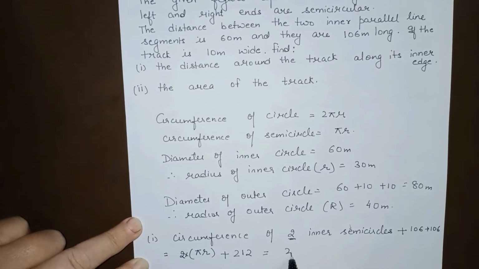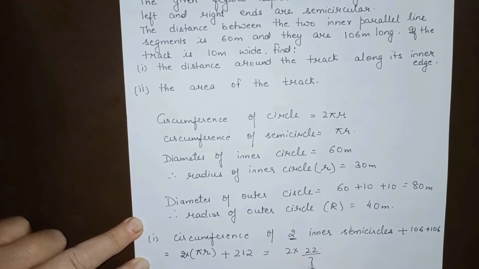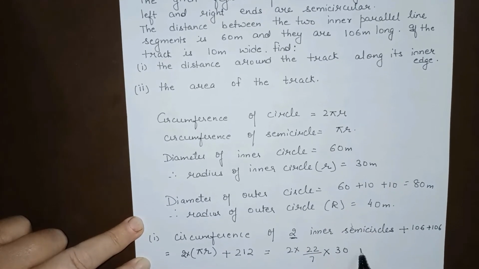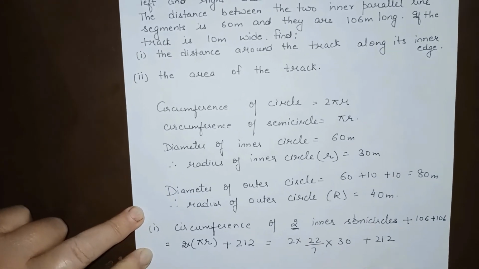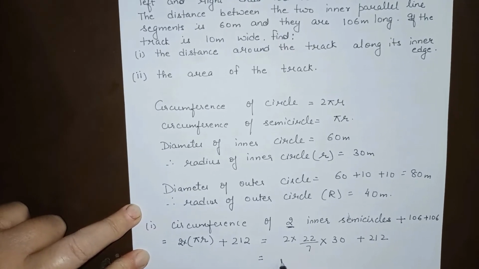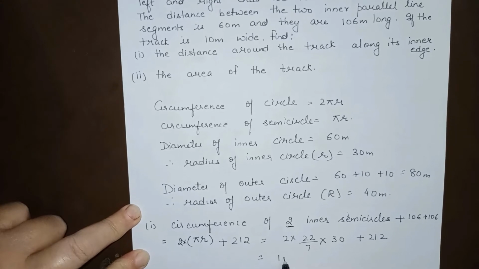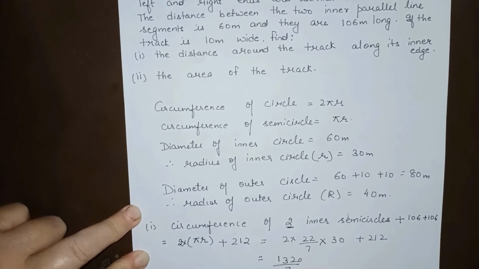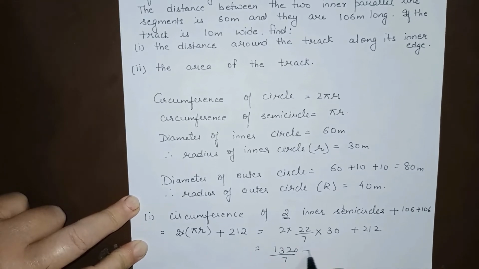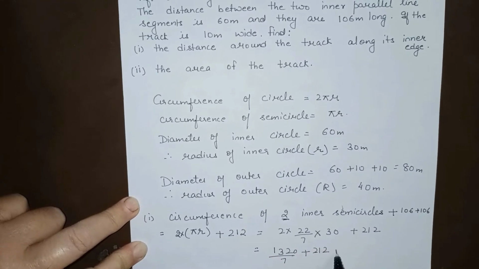Now we have 2 into 22 by 7 into r, that is small r, which is 30, plus 212. So it will be equal to 1320 by 7, this is 660 multiplied by 2, plus 212.